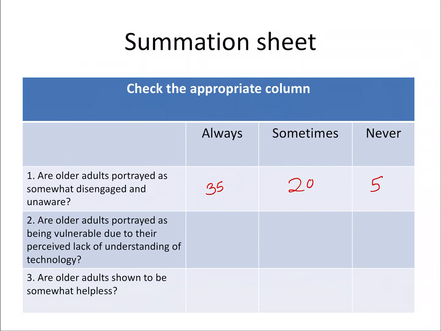Same thing, are older adults being portrayed as vulnerable due to their perceived lack of understanding of technology? I'm making these numbers up, but I'm just showing you what a summation sheet could look like as you're measuring age-based stereotypy for older adults and you're looking at videos.